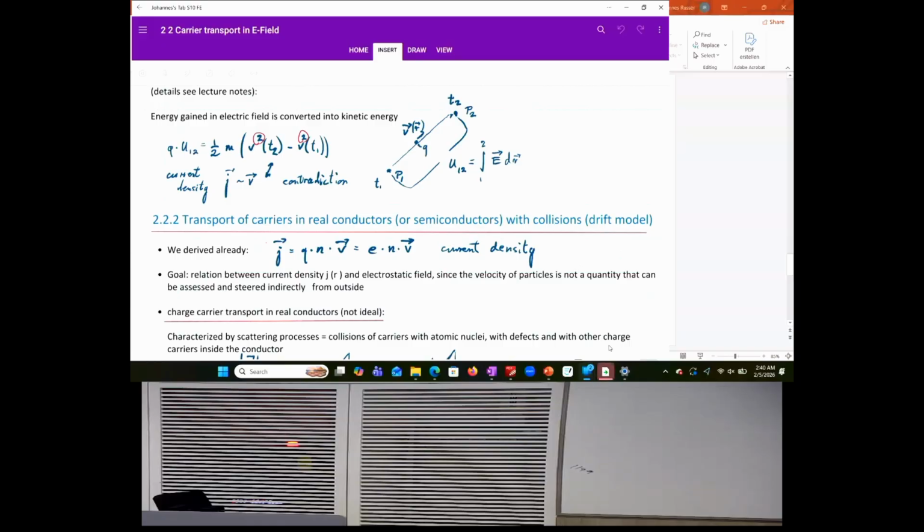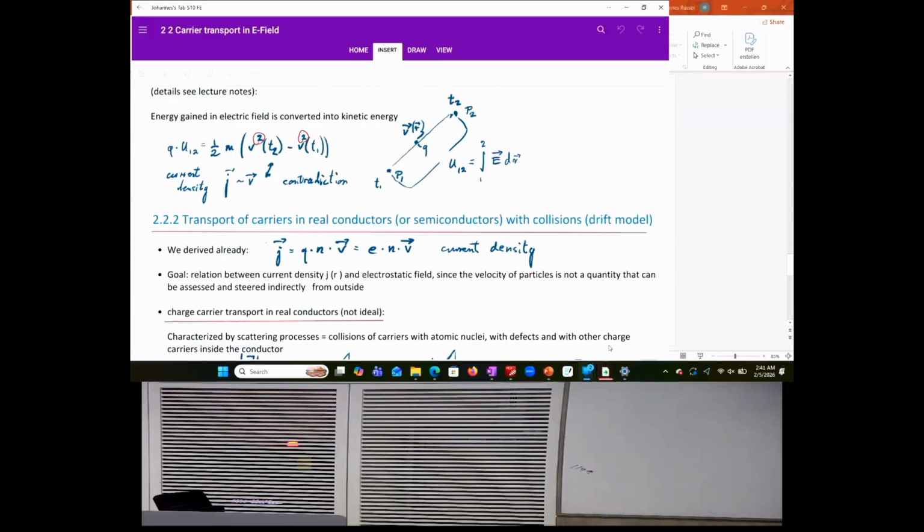So the force acting is charge times the electric field, and you can just use Newton's mechanics to calculate how much kinetic energy you are adding over this distance. And you will, however, see that there will be no proportionality of the velocity to the electric field. So this is a scenario in free space. What we focus on more is to look at the transport scenarios in conductors, where you are in matter.